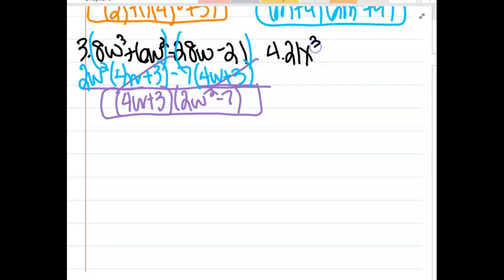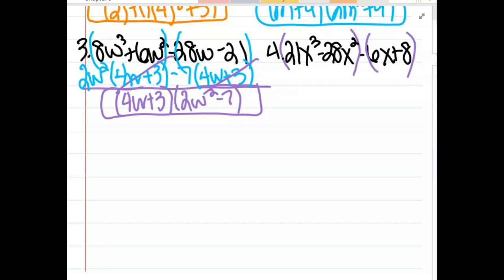21x cubed minus 28x squared minus 6x plus 8. Okay, so do I have a greatest common factor? No. Okay, I have 4 terms, so let's group the first 2, group the last 2.